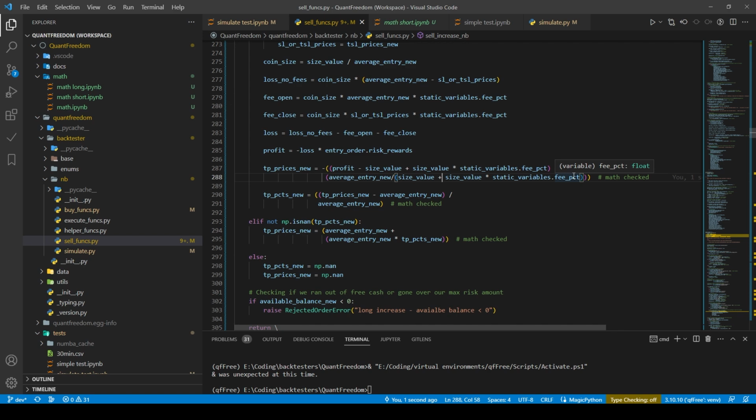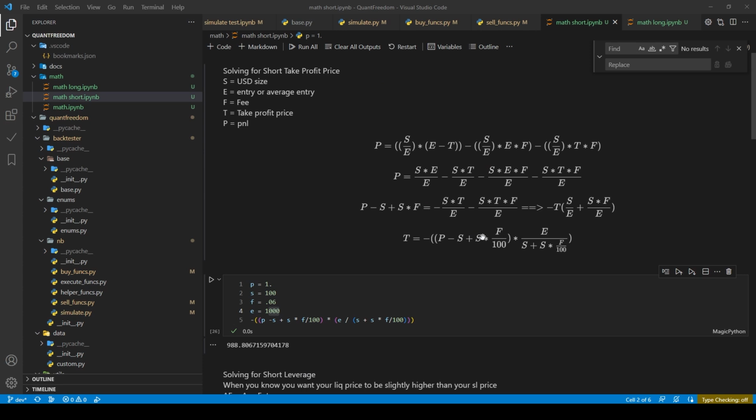I feel like I want to go and clean all this mess up because this looks disgusting. There's got to be something in here where if I have E times 1 divided by this.